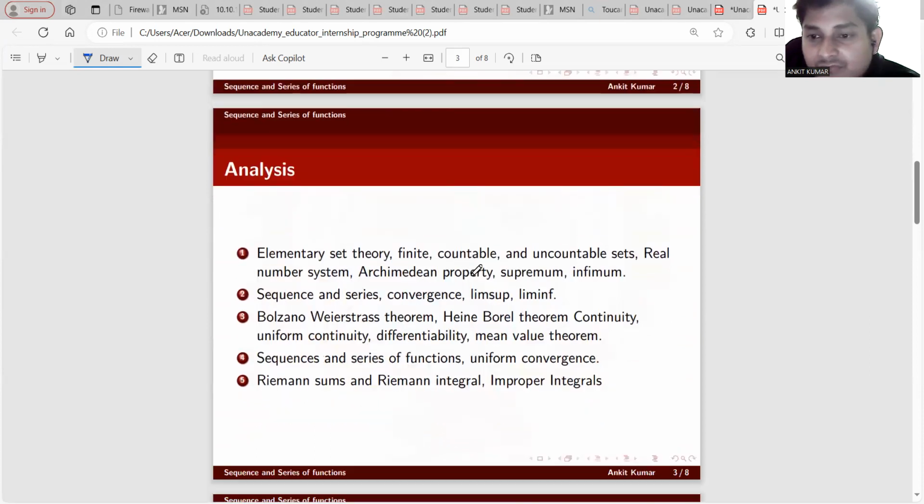In the first unit, I will cover the analysis part. In the analysis part, I will cover real analysis, which is the most important topic of mathematics. Real analysis covers the NET exams very much.